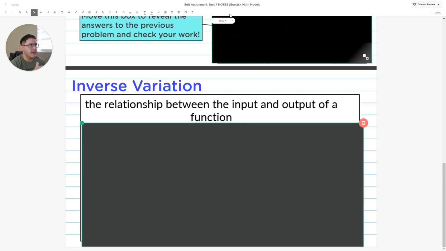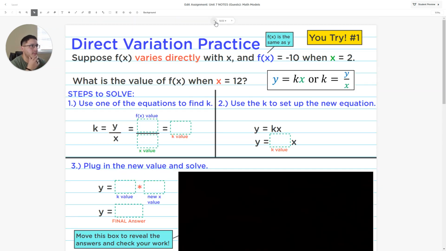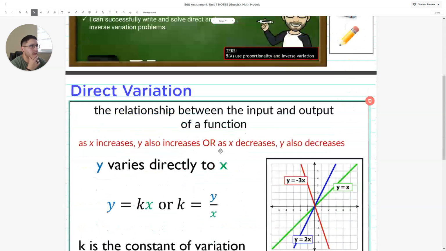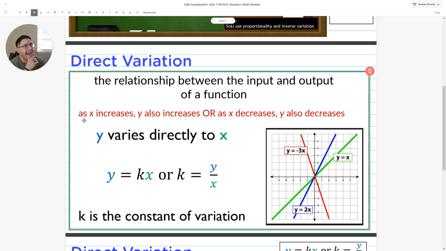So now, previously, with direct variation, as x increases, y also increases, or as x decreases, y also decreases. Inverse variation flips that around.